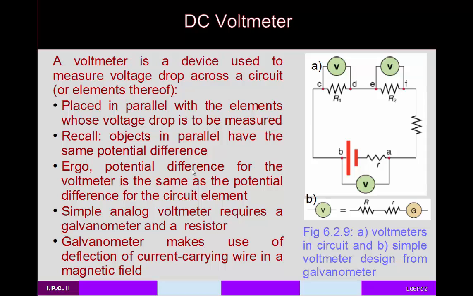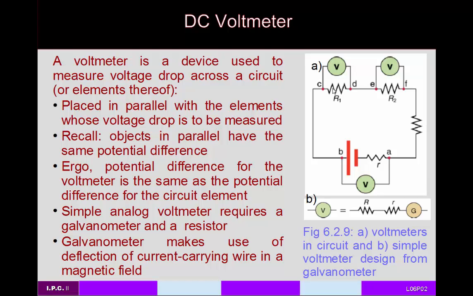You place the voltmeter in parallel with the element that you want to measure the voltage drop across. So maybe here's your resistor, here's your voltmeter. This is measuring the voltage across just this resistor because it's only in parallel with this resistor.